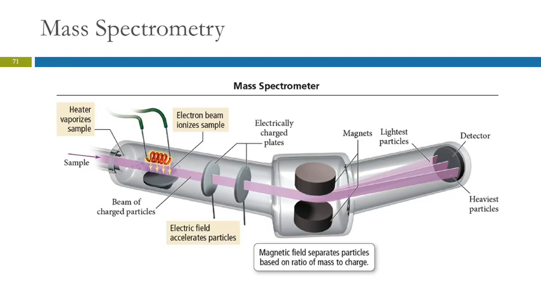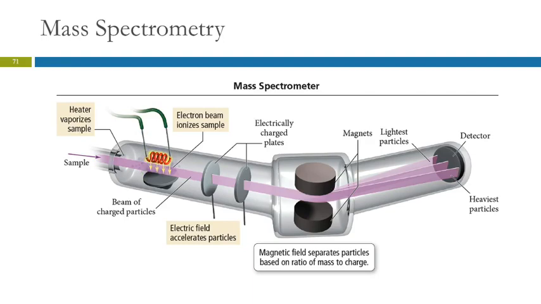You take your sample and you inject it into the instrument, and it goes through this area here where there's an electron beam going through that charges the particles.